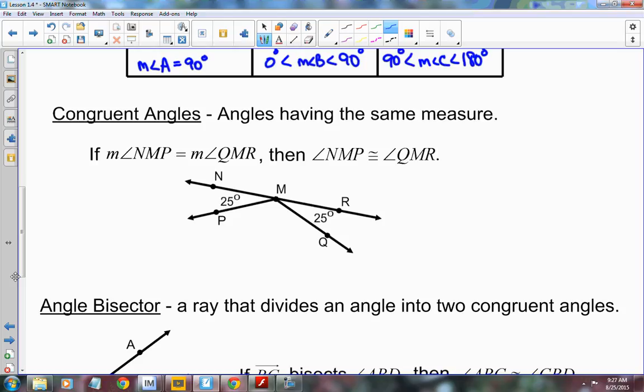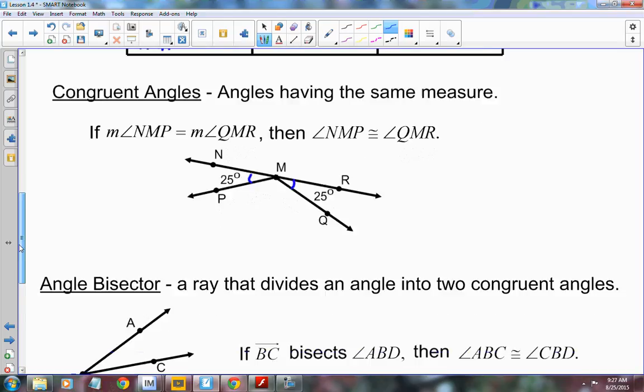To mark it on the diagram, you use arcs. In line segments, you use dashes. In angles, you use arcs. And if there happen to be two different pairs of congruent angles, you would use double arcs, triple arcs, however you needed it, like we did with the segments. So those are congruent angles, angles that have the same measure.